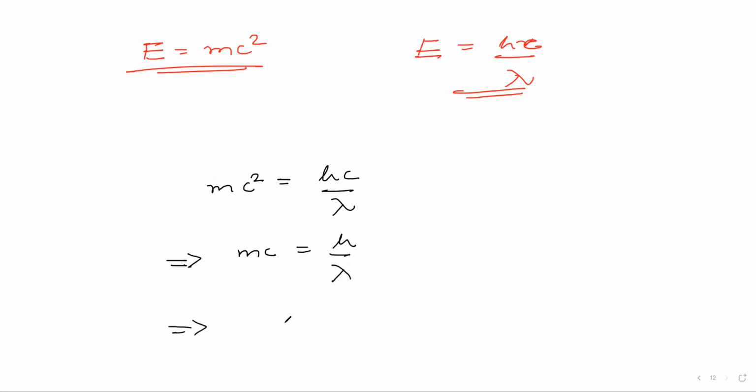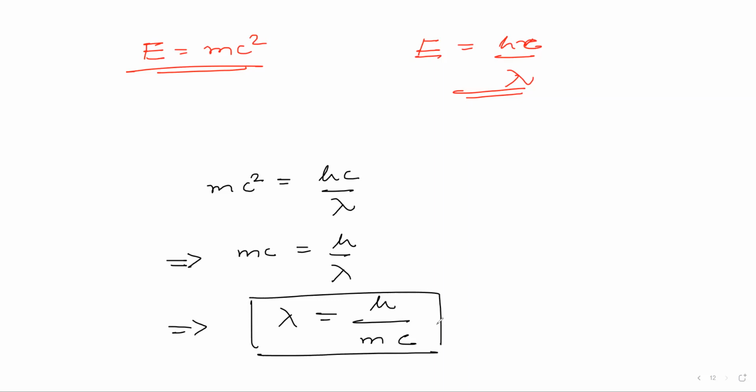So he said that wavelength will be equal to h upon m into c. This is for electromagnetic waves. Now can you see that he associated wave with mass?